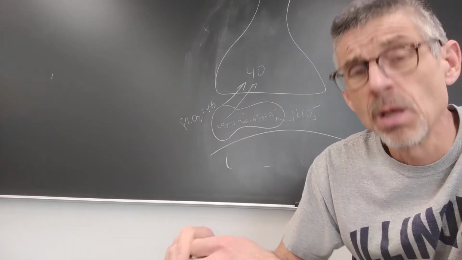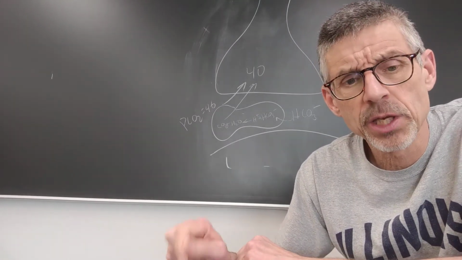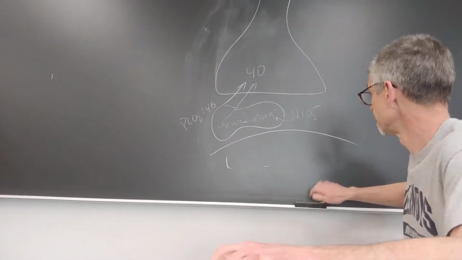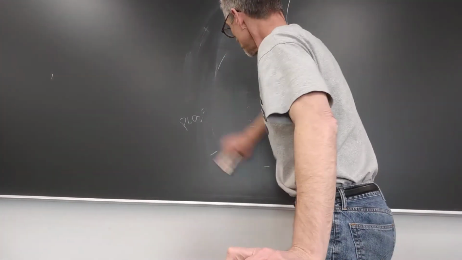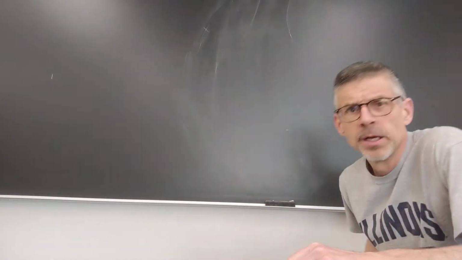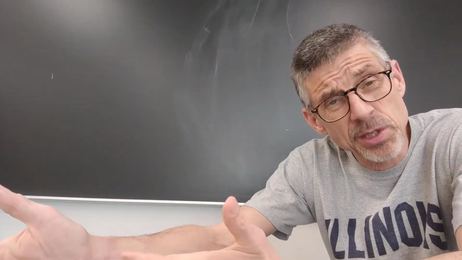That's kind of tricky. All right, lastly, let's talk about chemoreceptors and their influence on respiratory control centers. Chemoreceptors are specialized neurons that respond to changes in chemical composition.